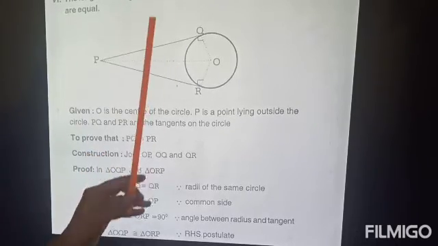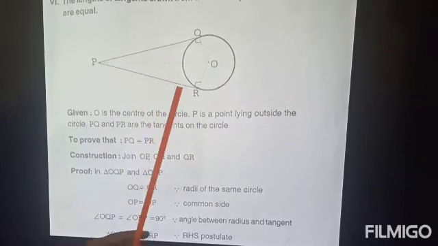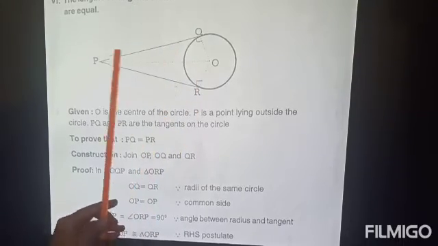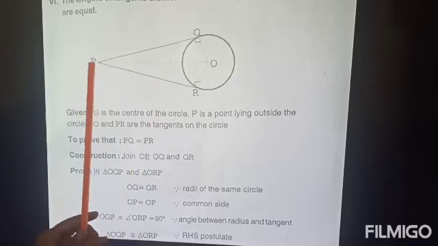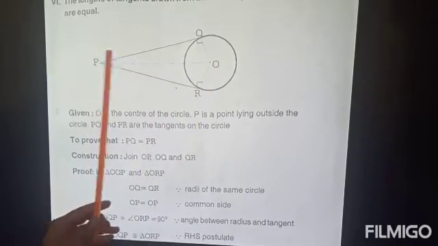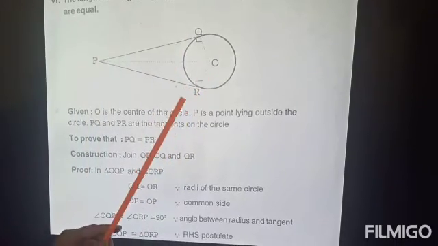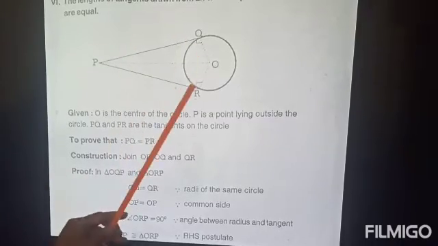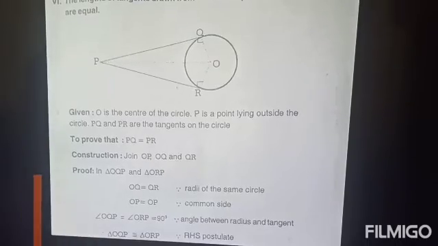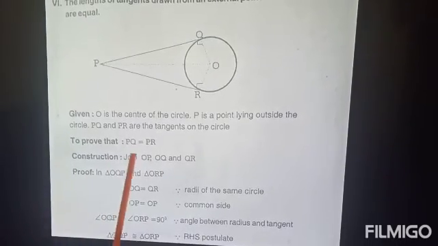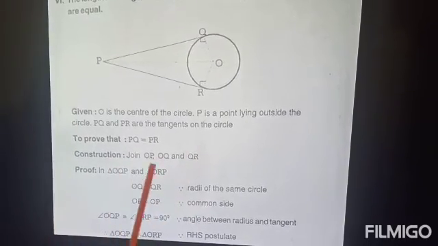We need an extra construction to prove this. Therefore, I have to join OP, OQ and OR. Just joining these three lines. This is the construction.